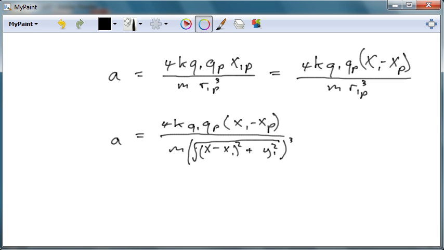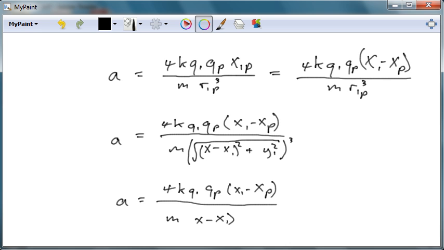So square root means to the power of 1/2 times the power of 3 is the same thing as to the 3/2. 4k q1 qp x1 minus xp, all divided by m times x minus x1 quantity squared plus y1 quantity squared, all to the 3/2.